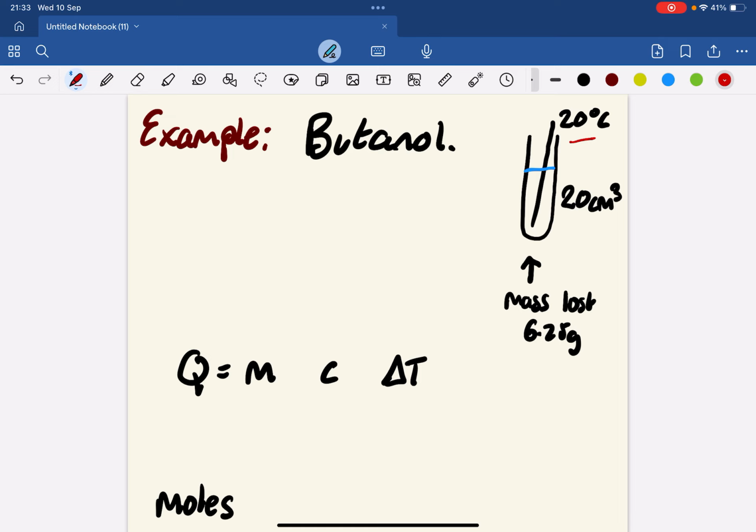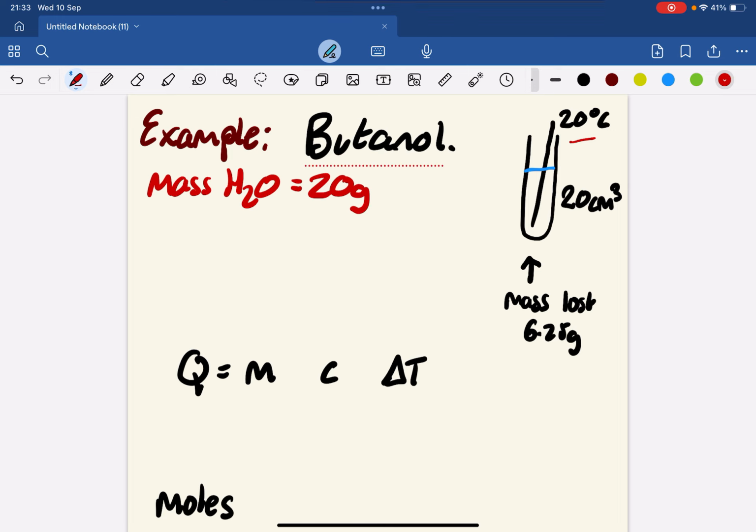So once we've done that, we can look at all of the information that we need to know. We need to know the mass of the H2O. Mass is obviously in grams. We've got 20 centimetres cubed, but we should know that 20 centimetres cubed is 20 mL, which is also equal to 20 grams.